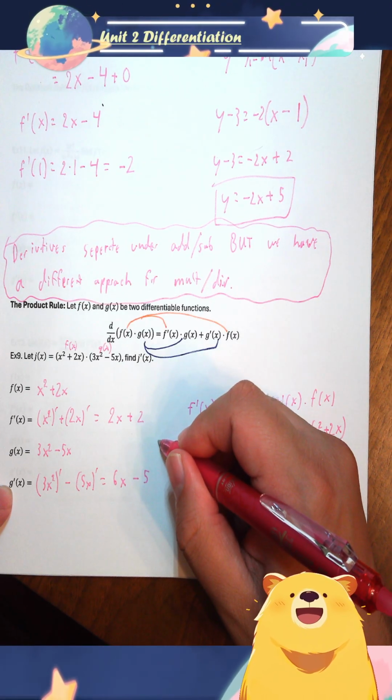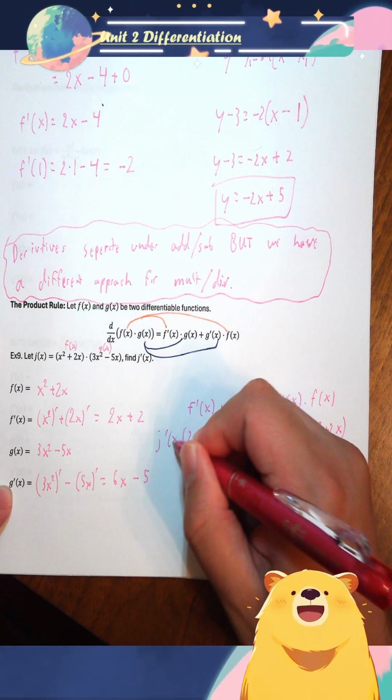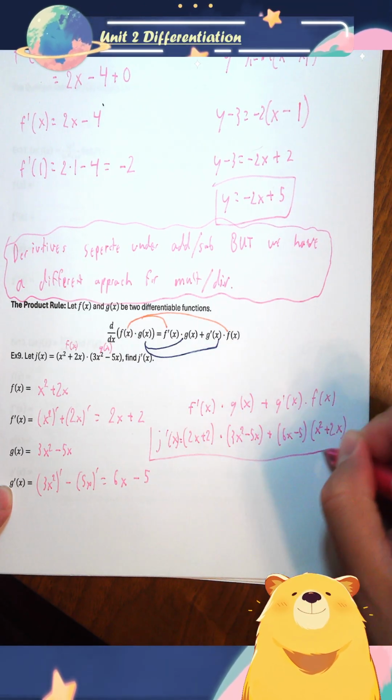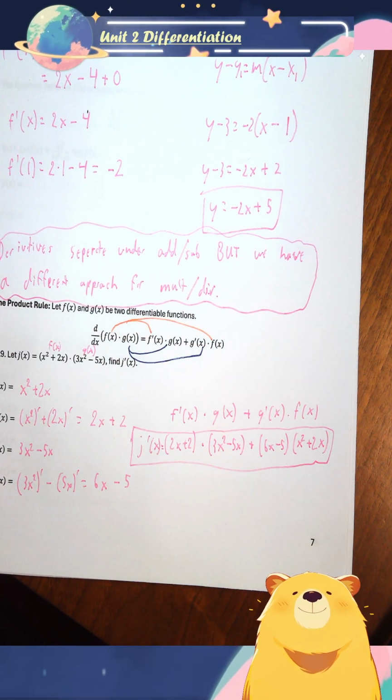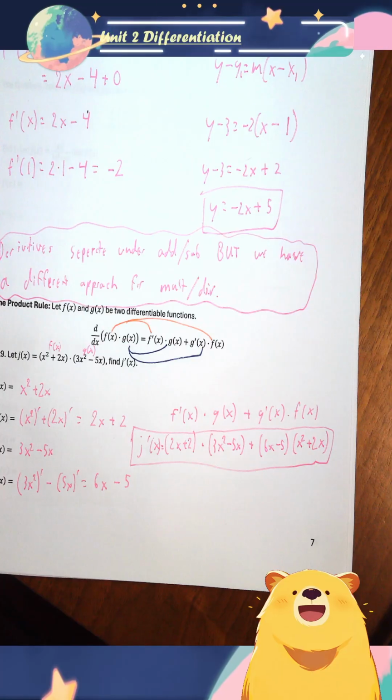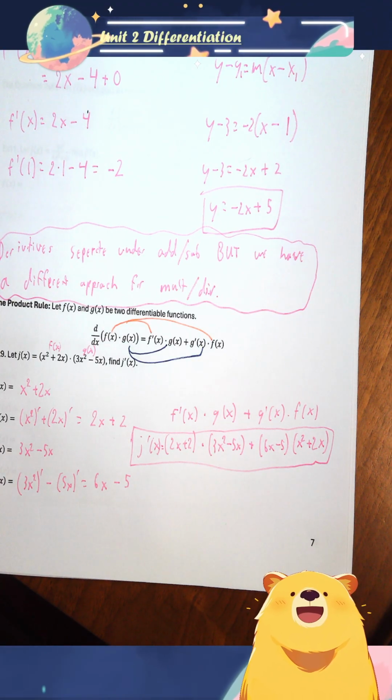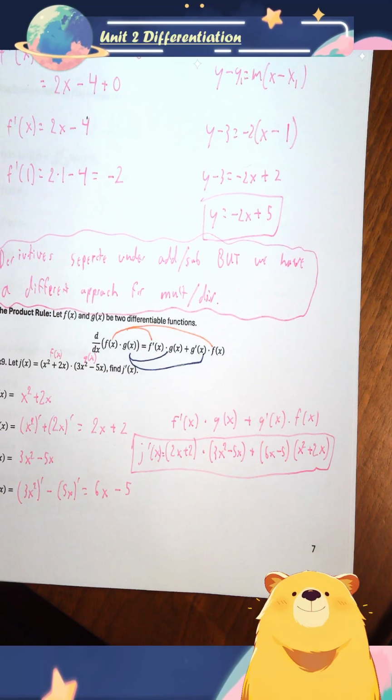And that would be j prime of x. So we just use the product rule. The product rule does not mean that you find the derivative of f and g and then multiply them.